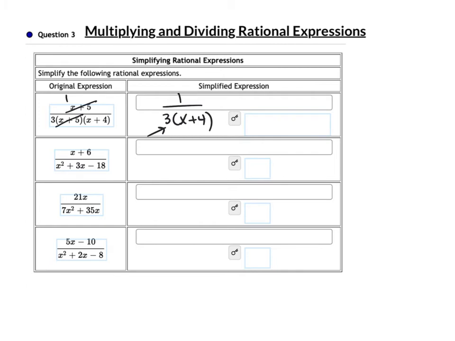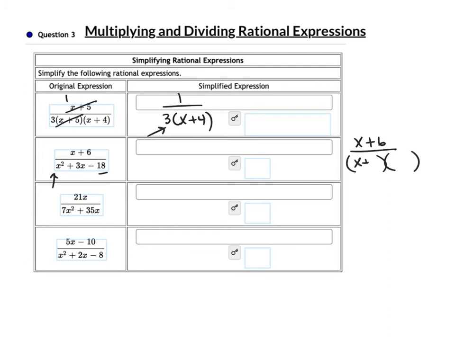The second one, we need to factor the denominator. The numerator is x plus 6. Below, that's the quick kind of standard form. Factors of 18 that add to positive 3, but you have a positive and negative, so the easiest way to find them is factors of 18 that subtract to 3, which would be 3 and 6. But when you place them, you have to understand, really, they add to positive 3.